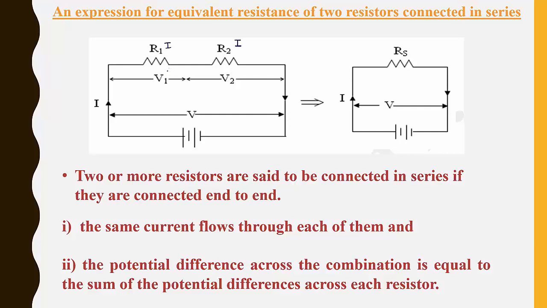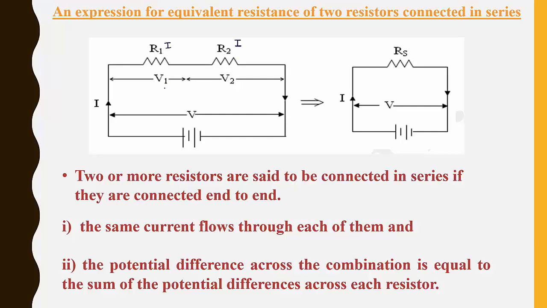For the R1 resistor, the potential difference is V1 and for the R2 resistor, the potential difference is V2. The current is common throughout the circuit, but the potential difference is divided for R1 and R2 as V1 and V2.